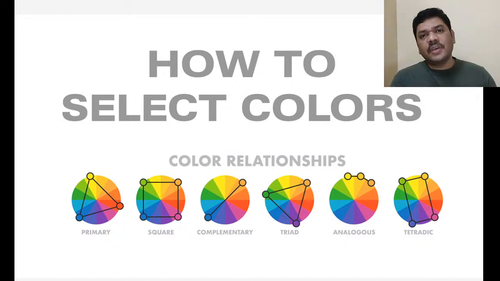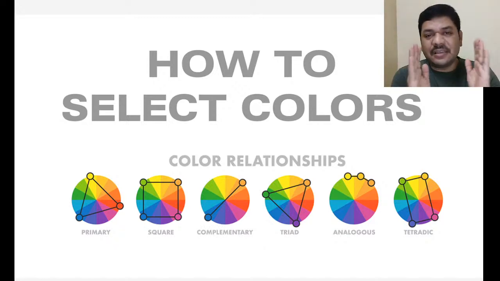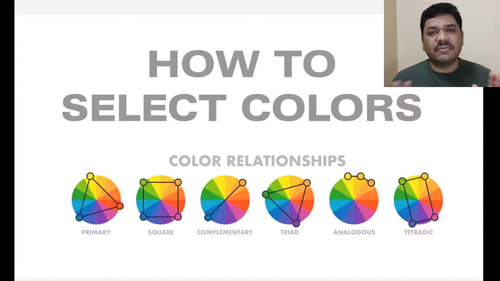Each and everything we have to discuss in a very stretched class. But now I'm going to give you a crisp and short form of how you can select the colors, because this is what we need. We don't need a full stretch of training and development, but only a short formula that you can implement exactly.